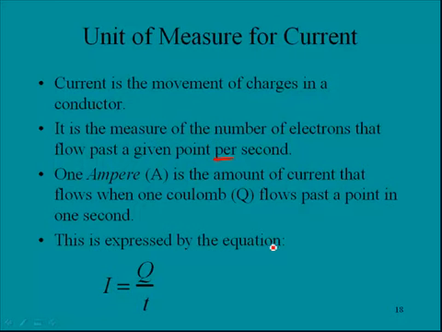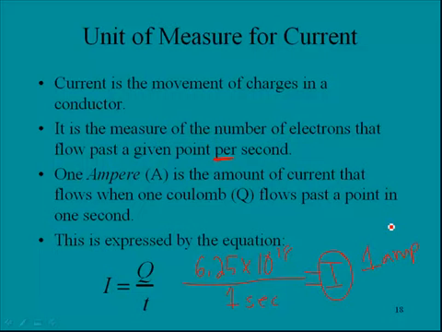Now it's expressed with the equation I equals Q over T. Remember, we talked earlier about Q, and we said that it was 6.25 times 10 to the 18th, and this is over time. So if we have this many electrons flowing through a given piece of wire in 1 second, that is equal to a current, usually represented with the letter I, of 1 amp.